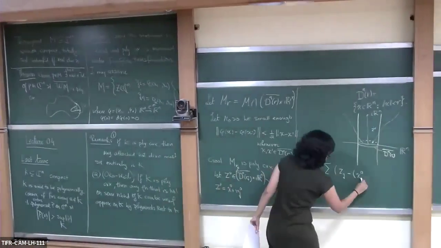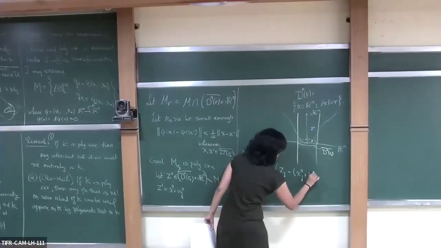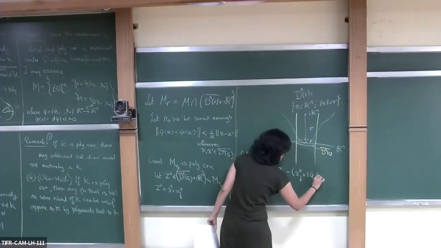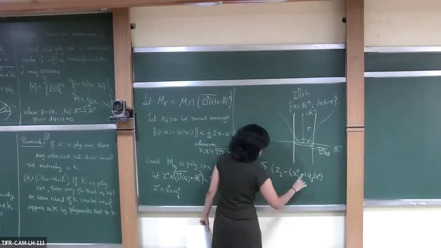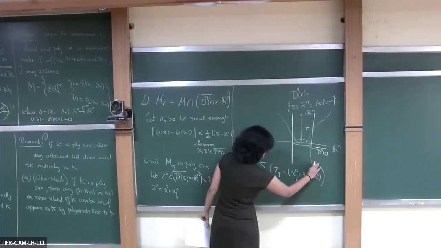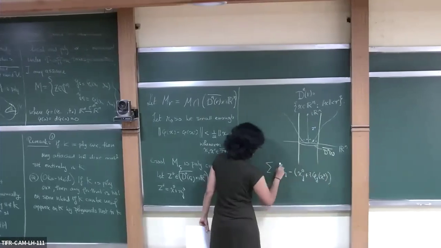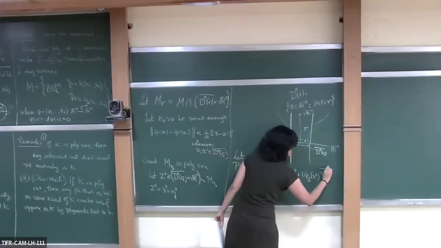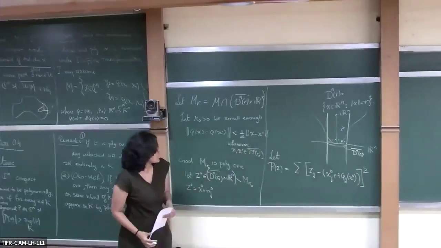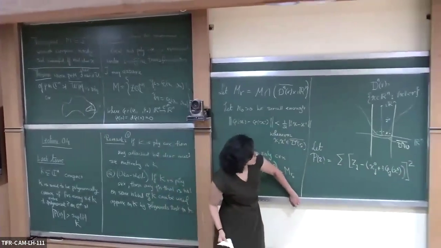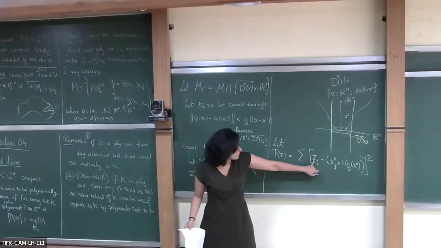Okay, so I'm going to take x0j plus i times Pj of x0. So Zj minus this, sorry, too many brackets. So this is a polynomial clearly in Z, and this is a global polynomial.